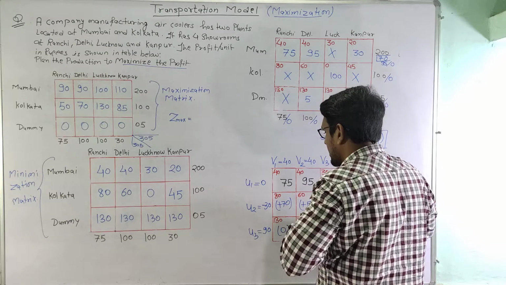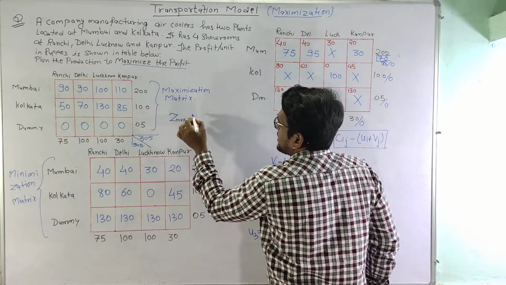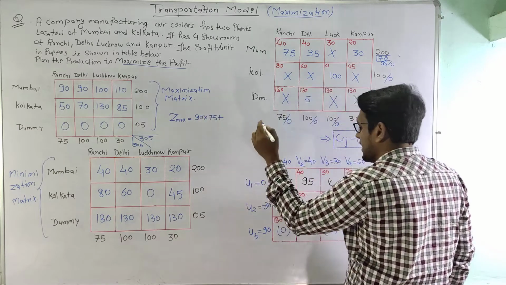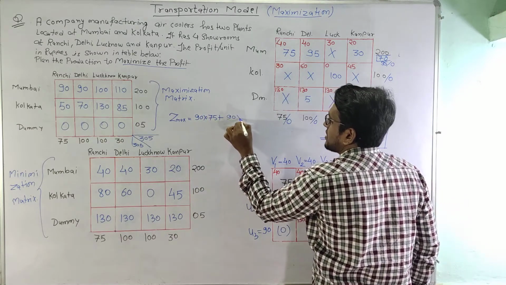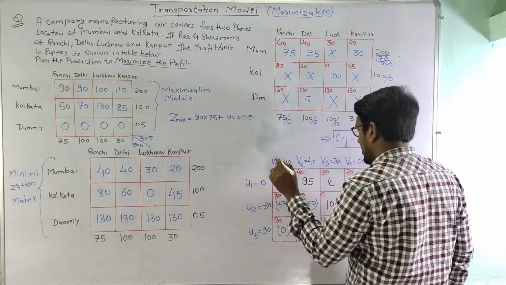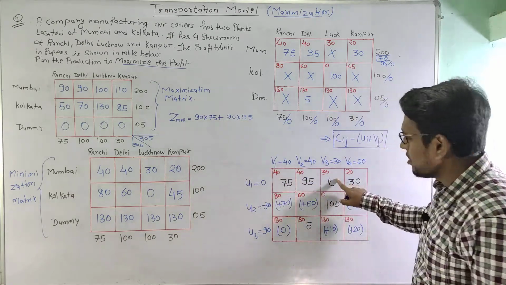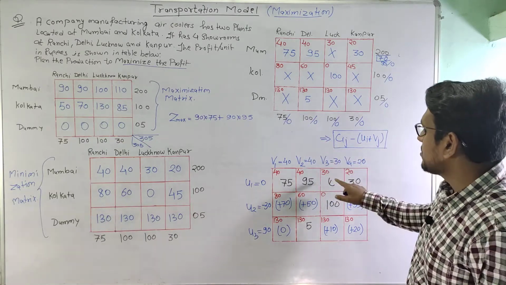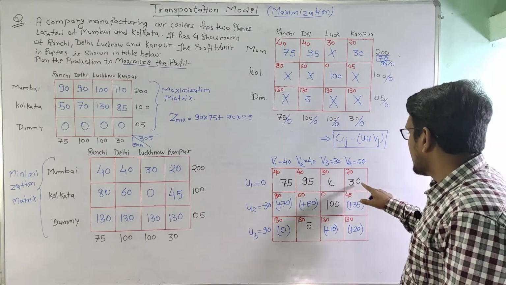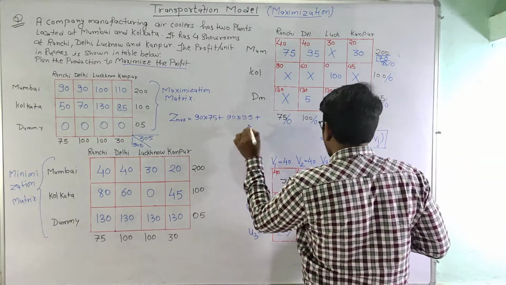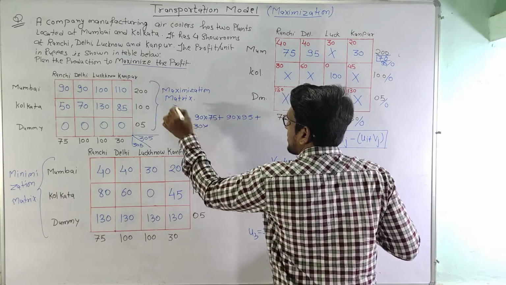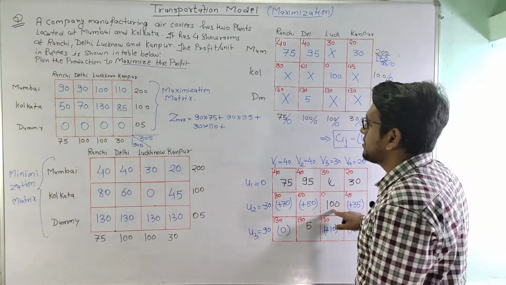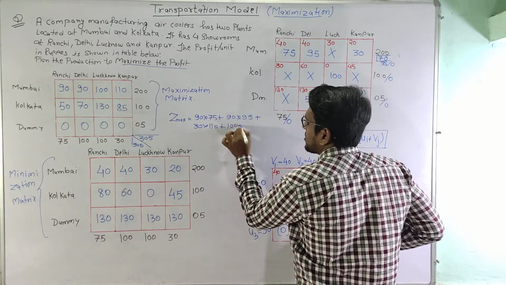So this will be 90 into 75 plus again 90 into 95. Again we have this epsilon, which means it has 0 value, so 100 into 0 is 0, so I am not calculating this. Here it is 30 into 110 plus we have 100 into 130.